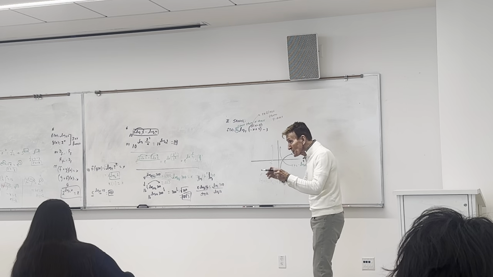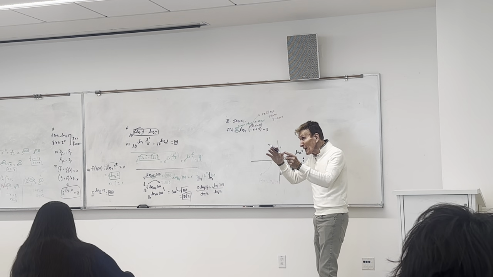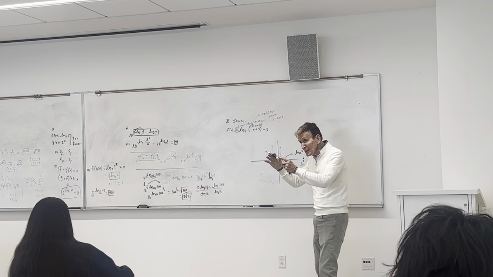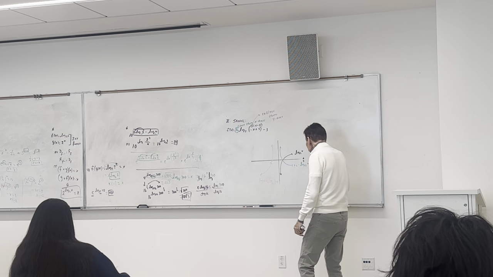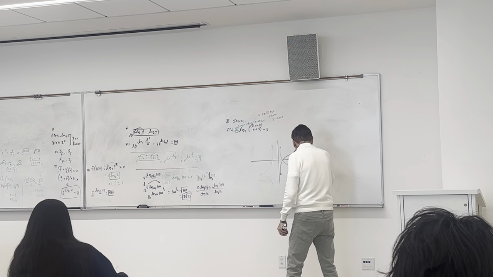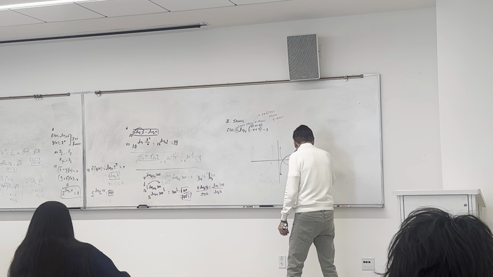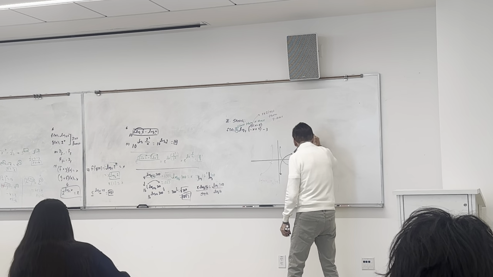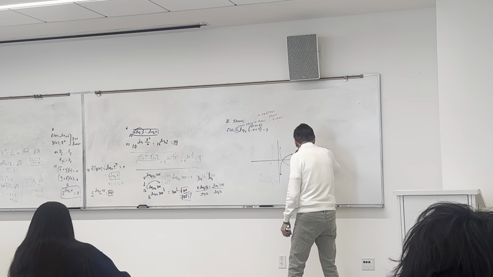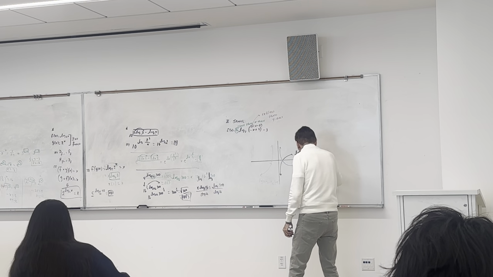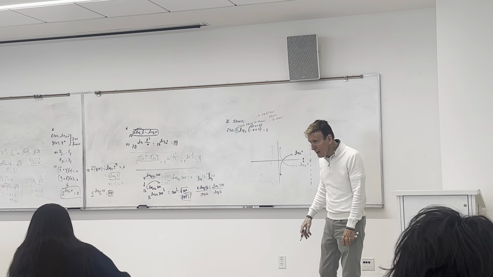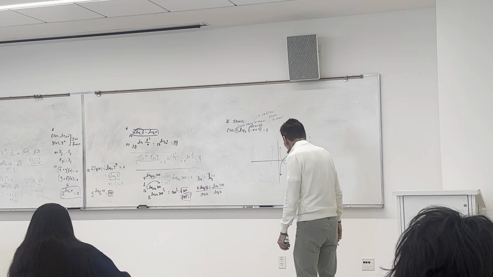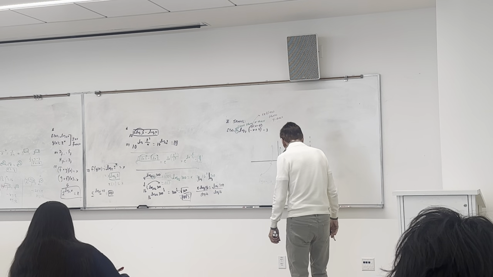As I shift, I also have to be aware that I've got to shift that vertical asymptote, which is right now at 0. That's the y-axis. So that y-axis now, with the horizontal shift of 8 to the right, is going to be down here at 8. And we'll have a vertical asymptote here. That's my vertical asymptote. My y-axis also shifted 8 to the right. Guys, that should be enough.